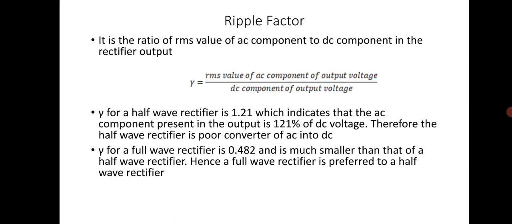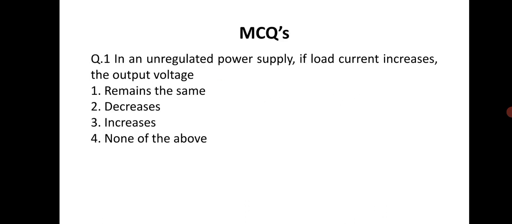For a full wave rectifier, the ripple factor is 0.482, which is much smaller as compared to that of a half wave rectifier. Hence, the full wave rectifier is preferred to a half wave rectifier. For a bridge rectifier also, the ripple factor is 0.482. So with this, we have come to the end of this session.